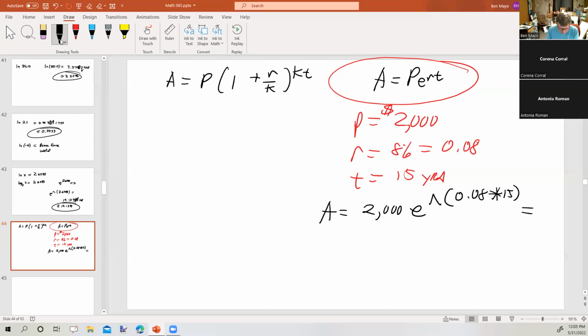Okay. So 2,000. Then I'm going to go second ln, which gives me e to the, and then left parentheses 0.08 times 15, close right parentheses, equals. Excuse me.